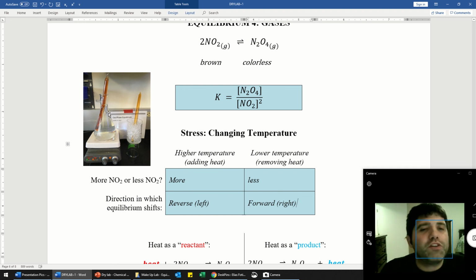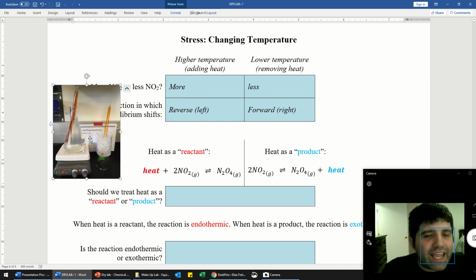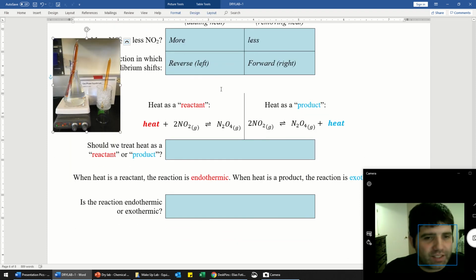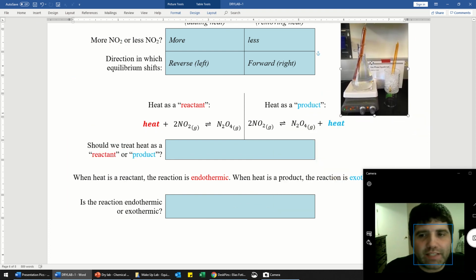Now, what we can do from this is figure out if this reaction going from here to here is exothermic or endothermic. The way we do that is conceptually we think of heat as a reactant or a product. Let me move this to a spot where we can see everything.